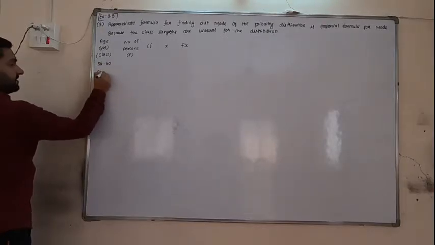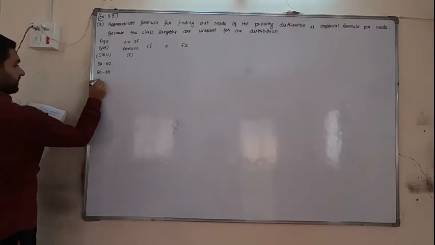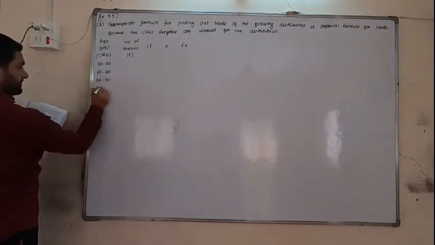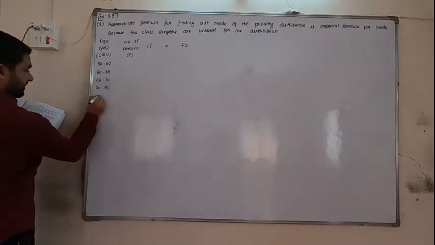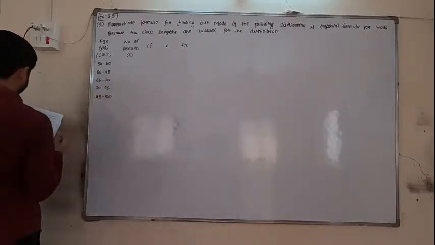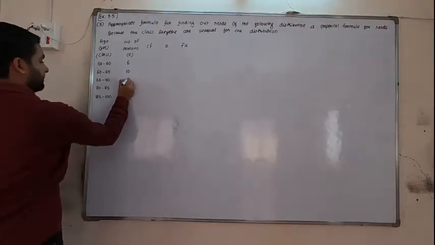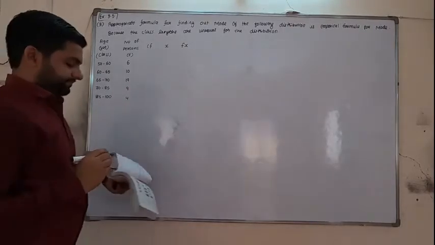The classes are 50 to 60, 60 to 65, 65 to 70, 70 to 85, 85 to 100, with frequencies 6, 10, 19, 9, 4.